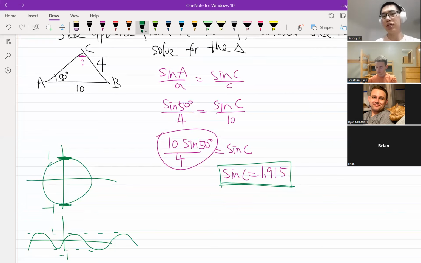But all of a sudden here we have a sine that's more than 1. So that's the problem, right? Normally we cannot have a sine ratio that's more than 1.